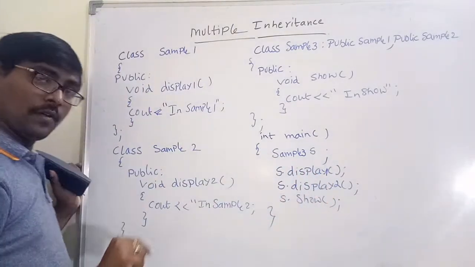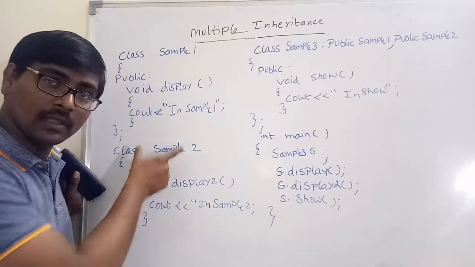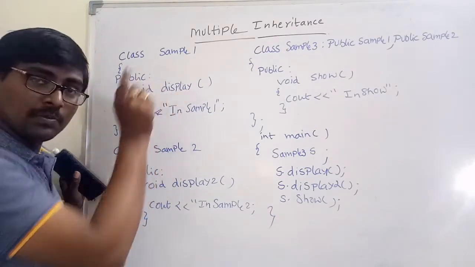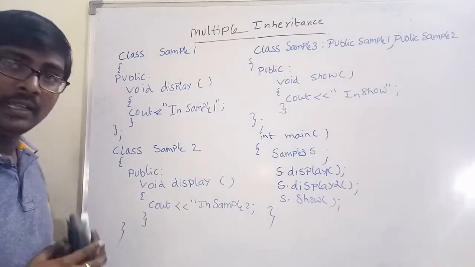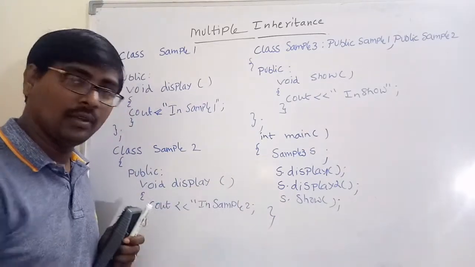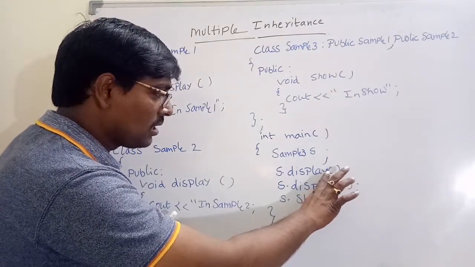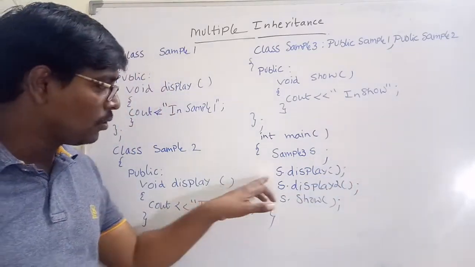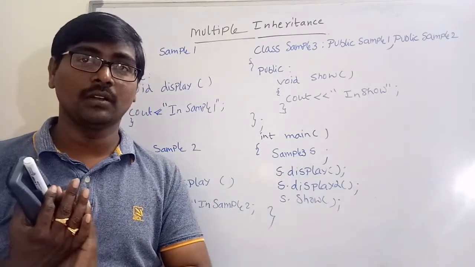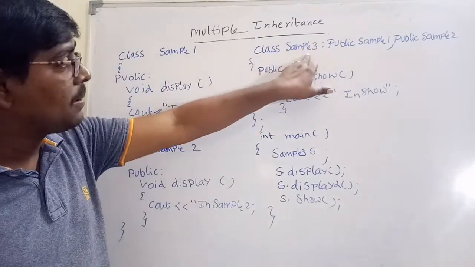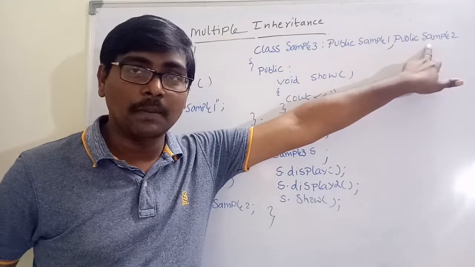For example, here the function name is display. Class A has a display function, and class B also has a display function. Now whenever we call s dot display, which display is called? Observe, sample 3 is inherited from both sample 1 and sample 2.